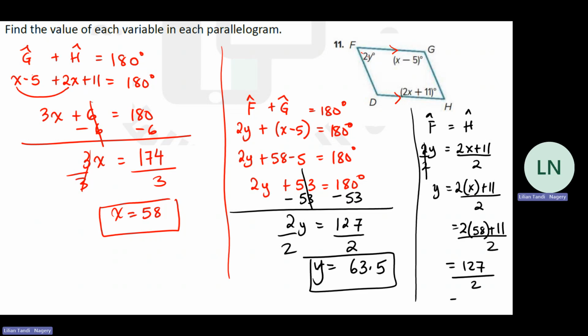And I divide by 2, and I got 63.5, which is the same thing. Okay? So I did y 2 different ways, and I got the same answer, and I know my work is correct. Okay? All right, so let's move on.